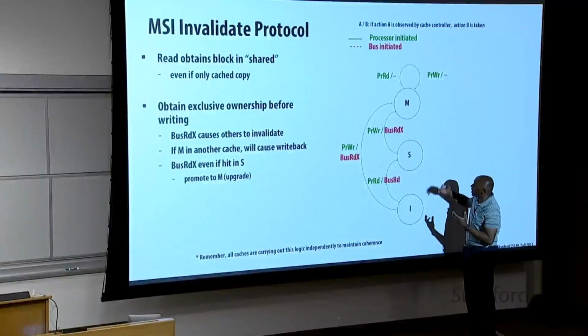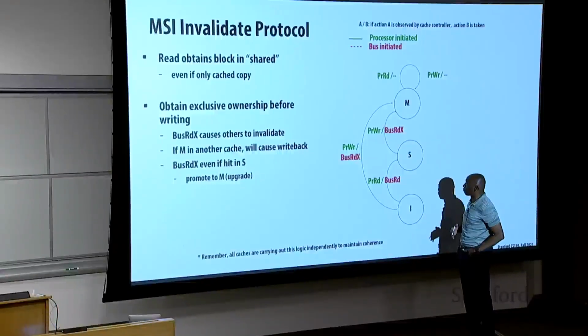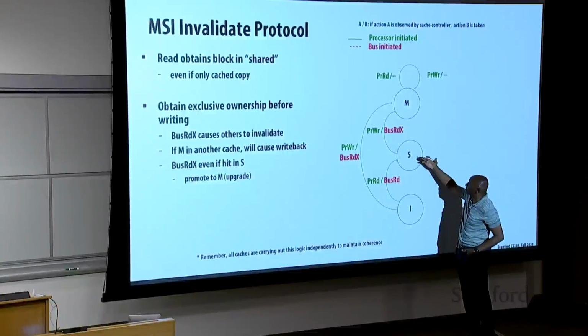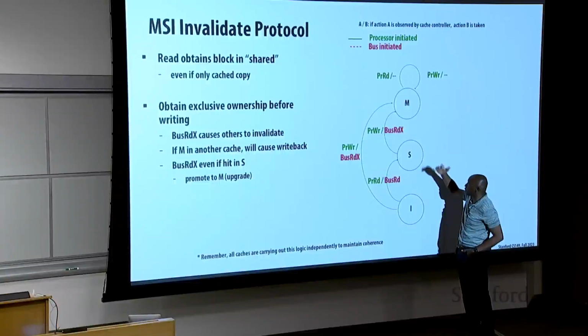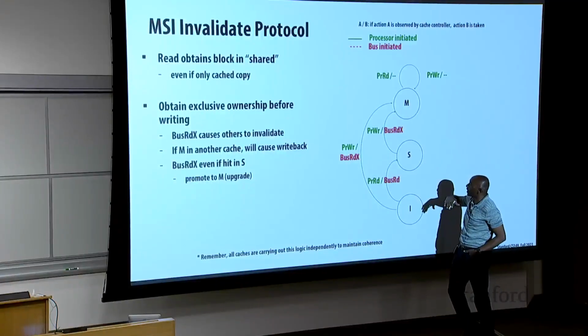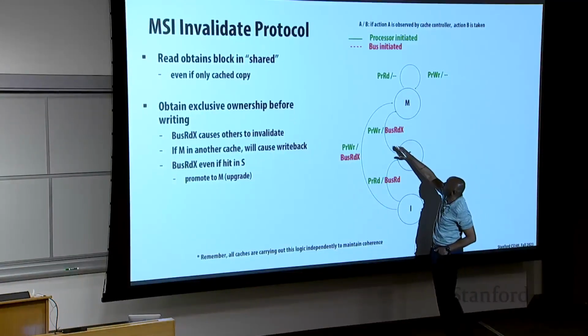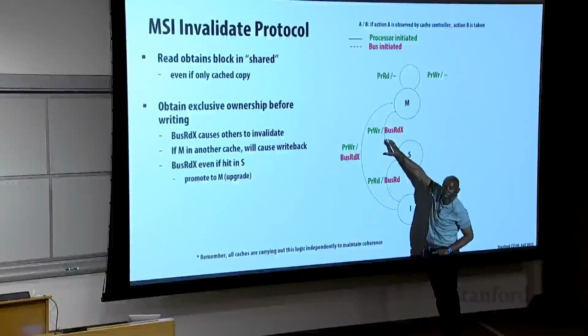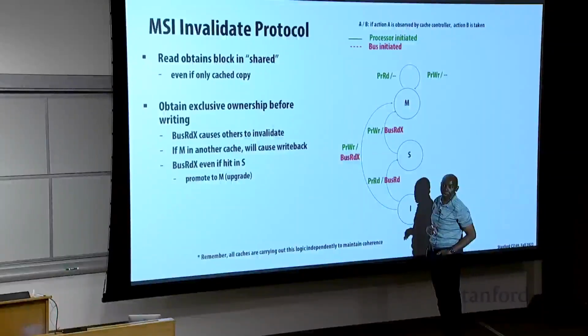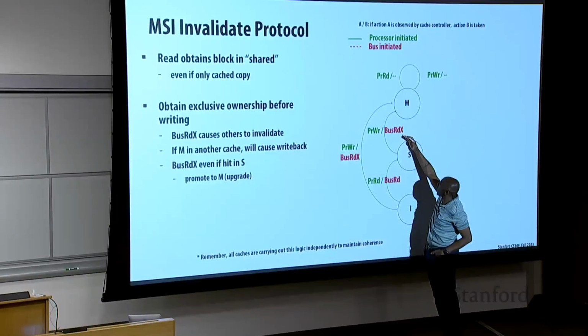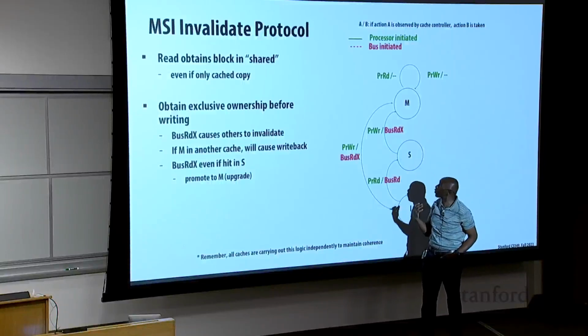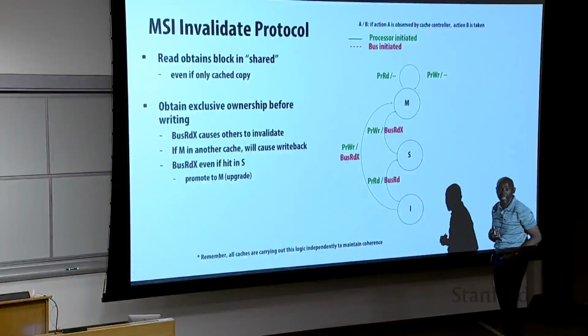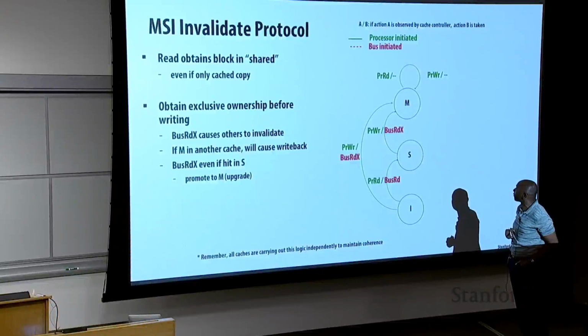And then if the application then does a write to that address which is contained in the cache line, then it's going to issue a processor write, and the result on the bus is a bus read exclusive, right? And so bus read exclusive says, hey, now I need to move the state of the cache line from shared to modified, right? And modified means that, of course, this is the only cache line in the system that is in modified state, okay?